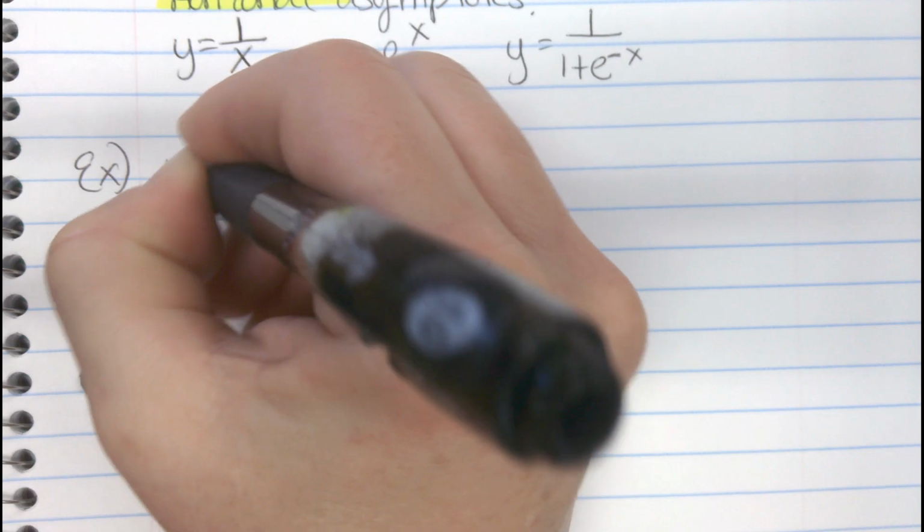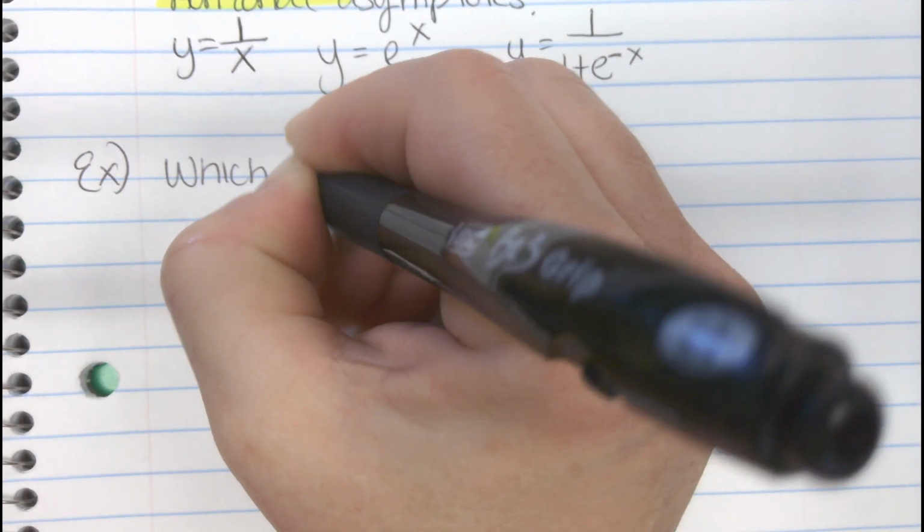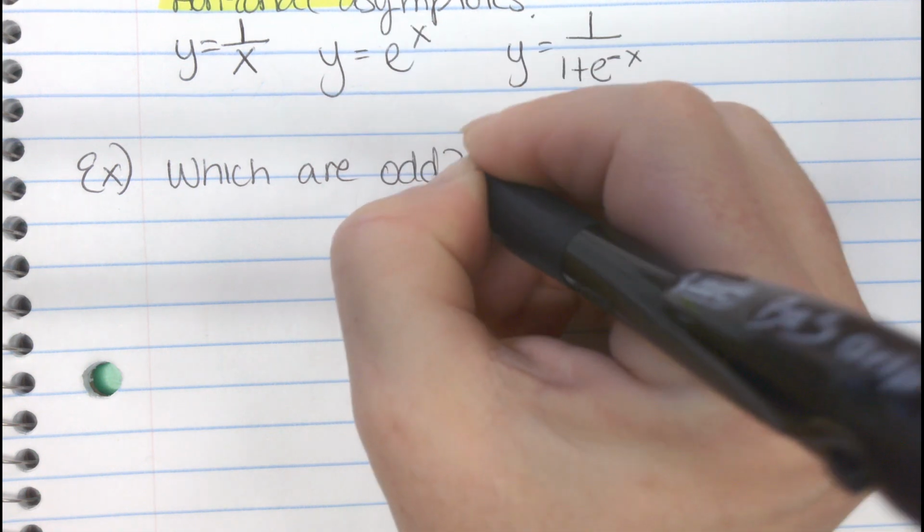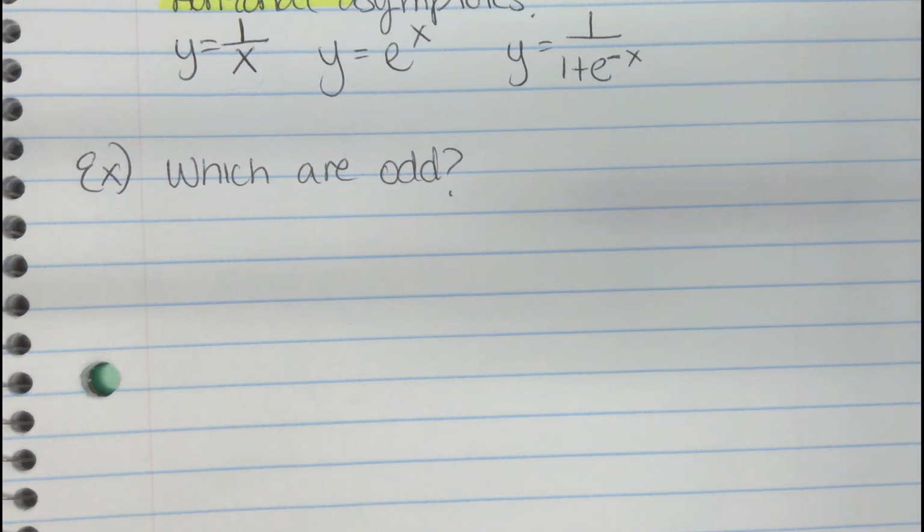My question is, which of the basic functions are odd? There are 4 of them. In your groups, would you come up with 4 that are odd?